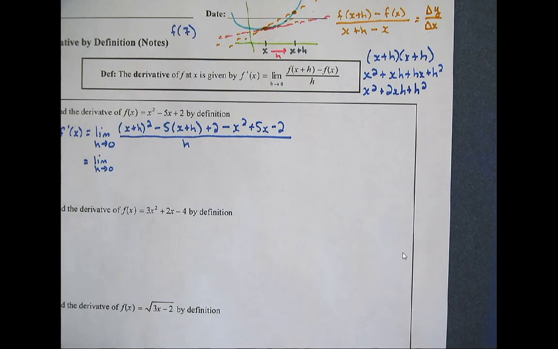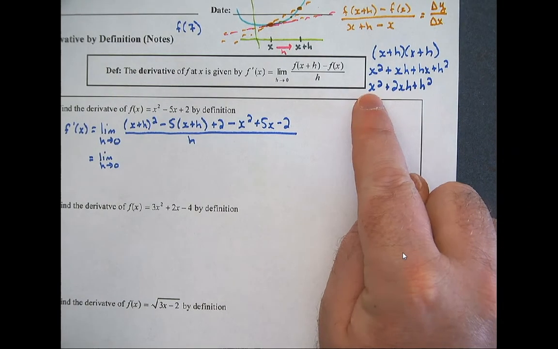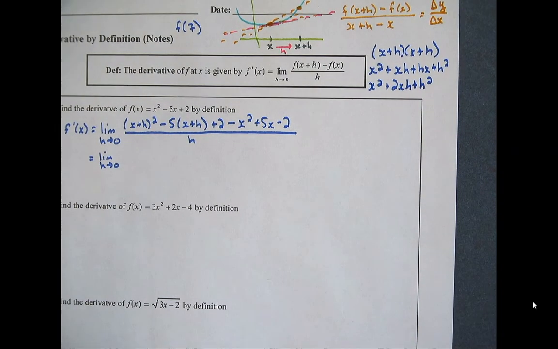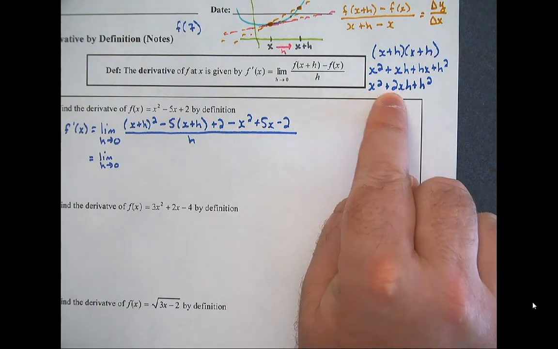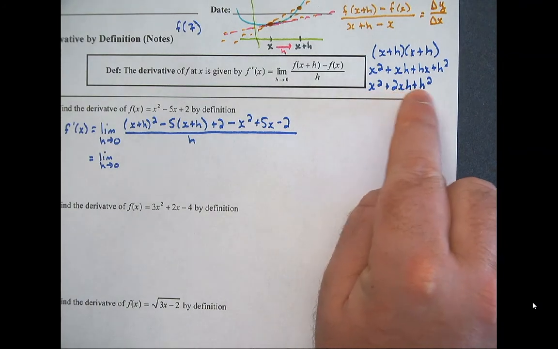That's the only time I'm going to show that the long way, because I've done so many of these, and you're going to get to the point where you're going to do so many too, especially those who are going on to AP. This is what I call a 1-2-1. 1, 2, 1 are the coefficients, and it's x squared, xh, and h squared.